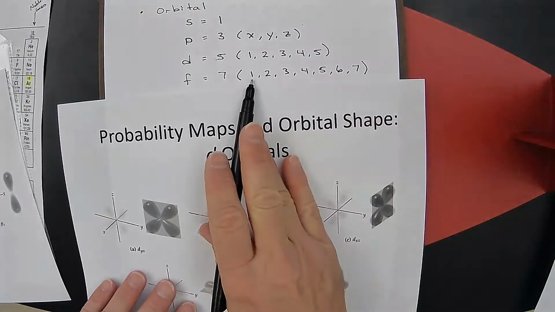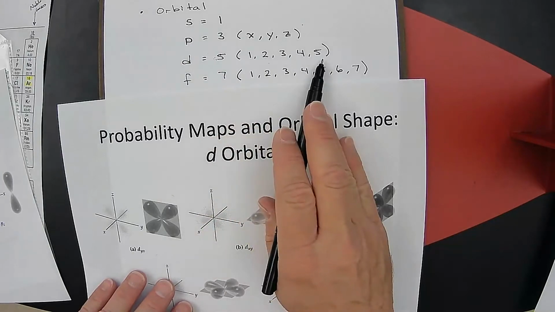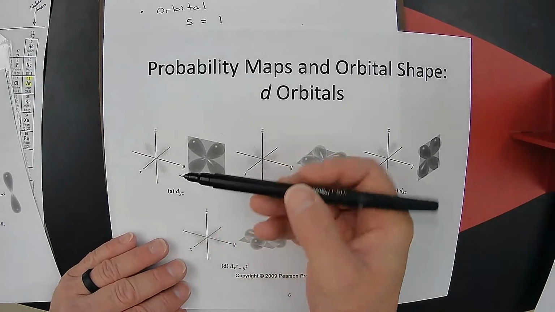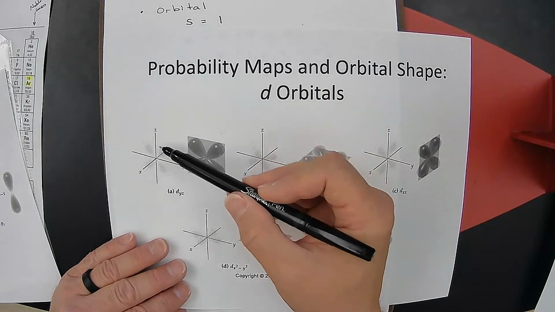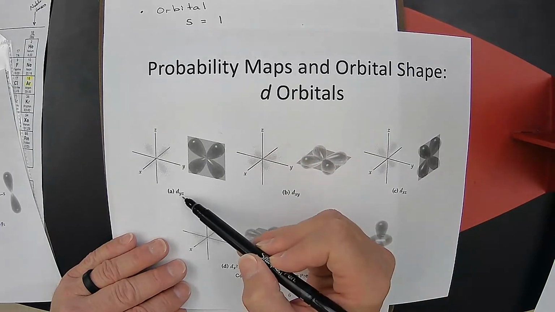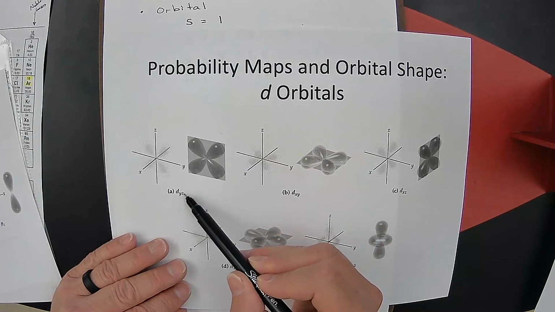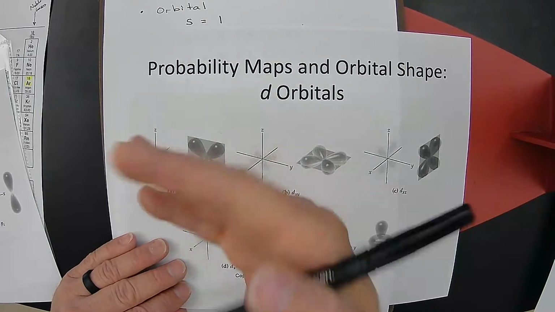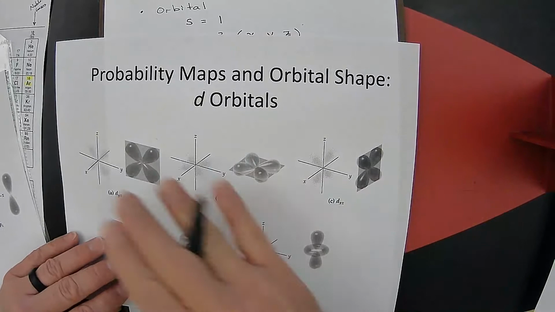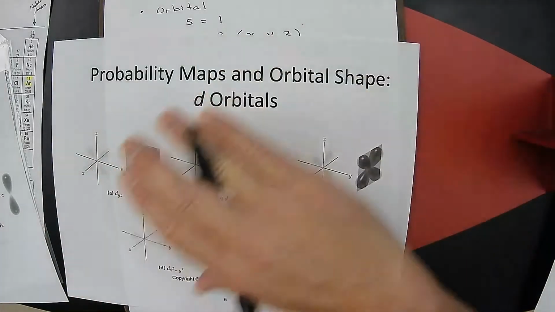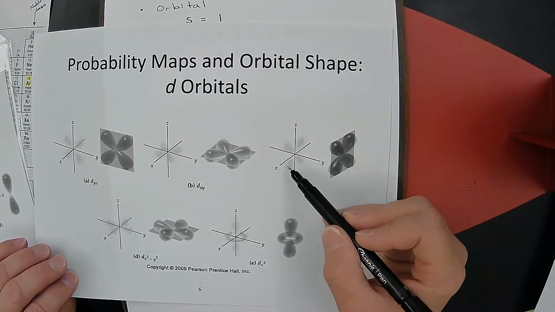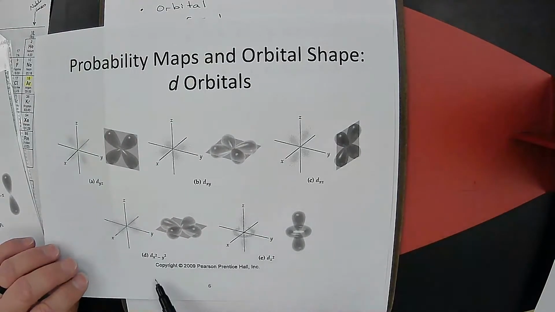The D orbitals, as abbreviations, we just call them 1 through 5, but really the first is the dyz because it's along the plane of the y and the z axis. I accidentally said dyx, but it's dyz because it's along the yz plane. Dxy, excuse me, is along the xy plane. Dxz is along the xz plane.